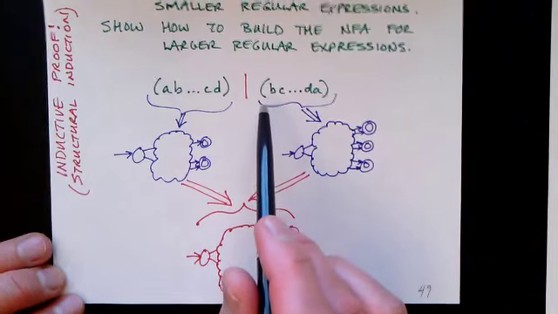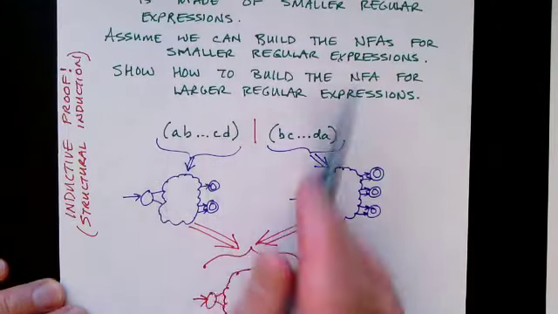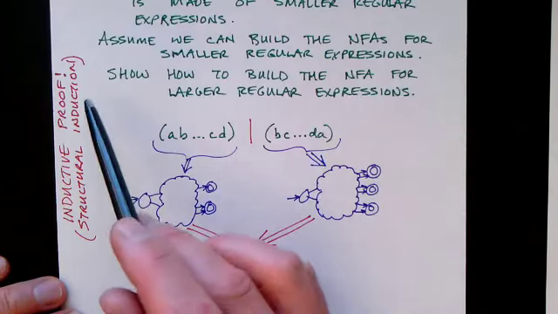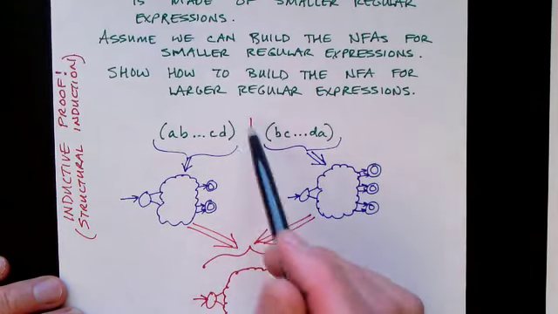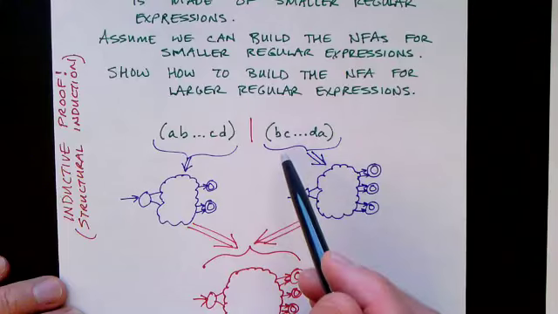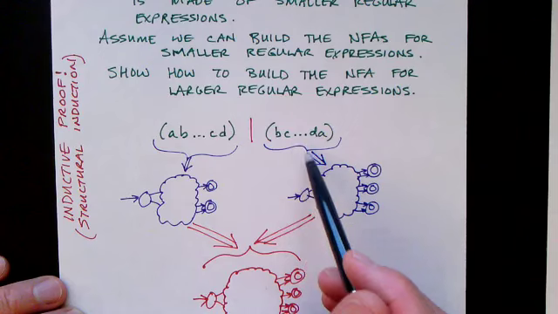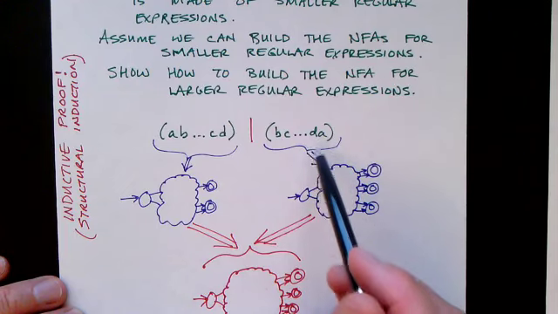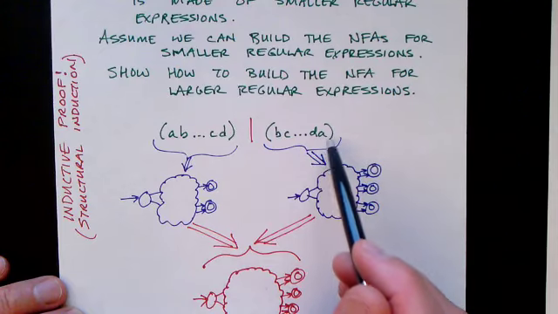So this is an inductive proof. It's showing how to build it, and the construction is inductive, and it's a structural induction, so we're operating on the structure of the expression. Some inductive proofs are over the set of integers. You prove it for a basis case 0, then you assume it can be done for case n, and you show how to do it for case n plus 1.